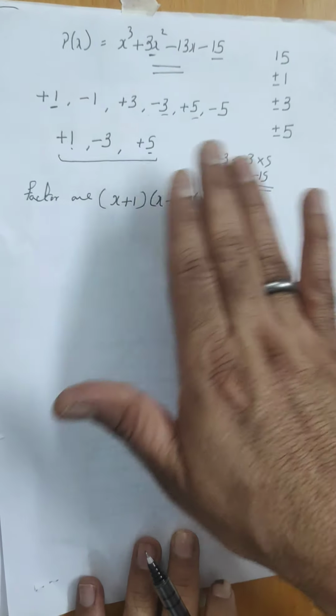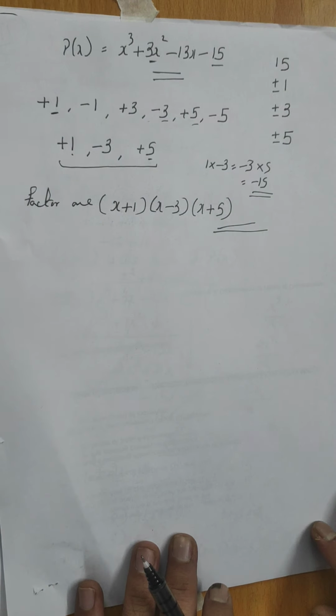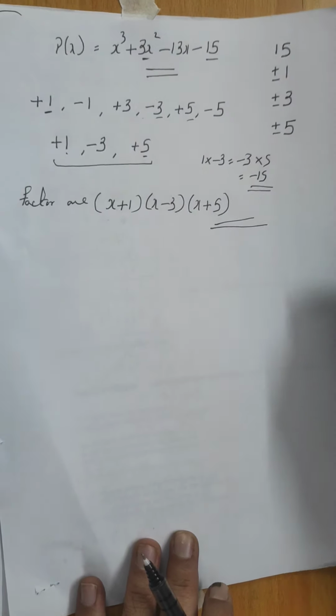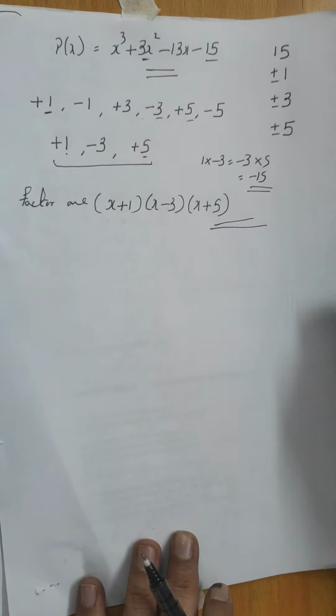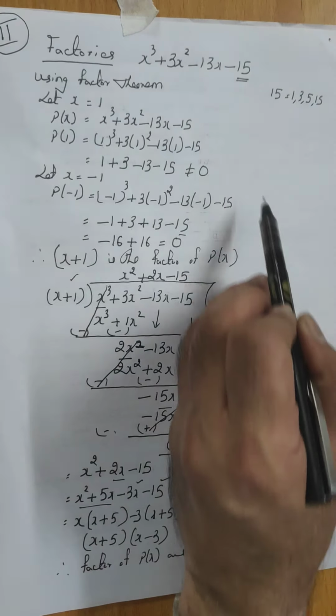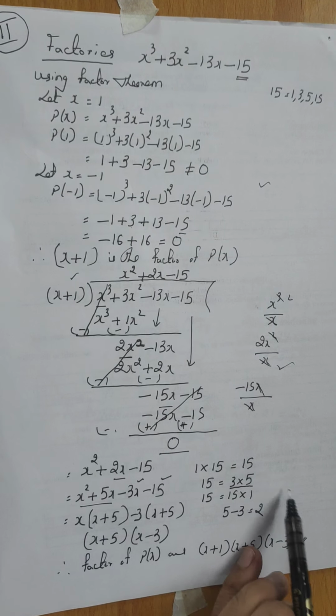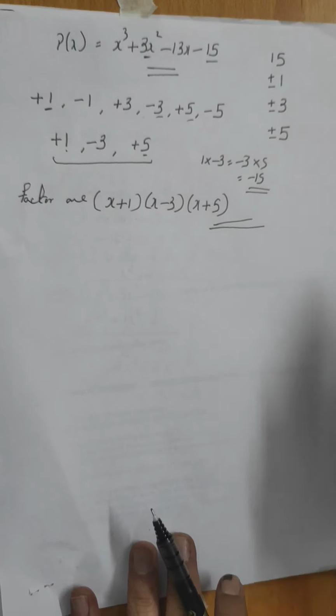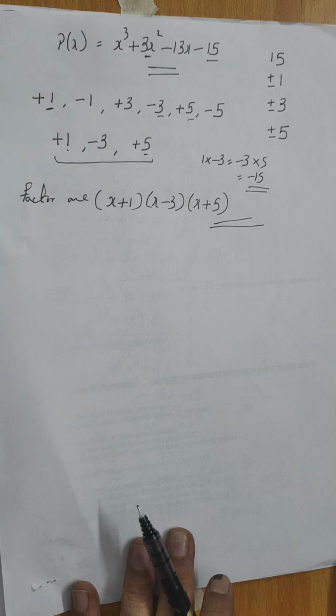Within 2 or 3 lines you can find out the factors. Clear? So I have shown you 2 methods of finding the factors of a cubic polynomial. One is where I am using the factor theorem, the long division method, and the splitting of the middle term, and this is a shortcut method of finding the factors of a cubic polynomial. Clear? Thank you.